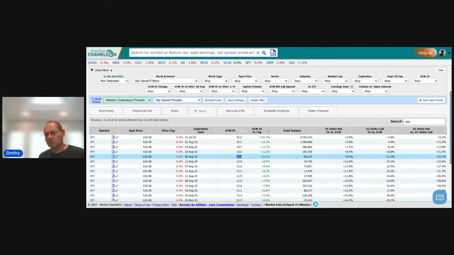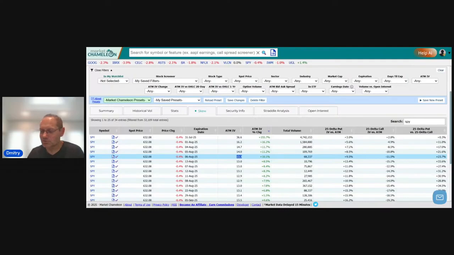And the idea there is, is it increasing or decreasing? So if we ran a flat skew, right? Let's say we first run a flat skew of 13.3, and then we found the 25 delta call and said, okay, here's a 25 delta call based on a flat skew, but what is the actual implied volatility, right?